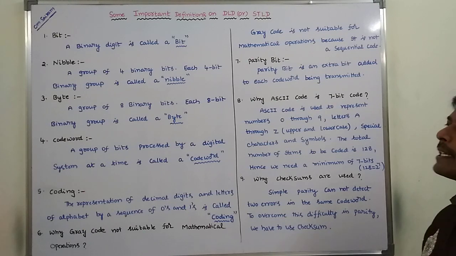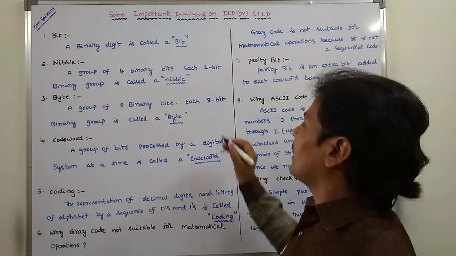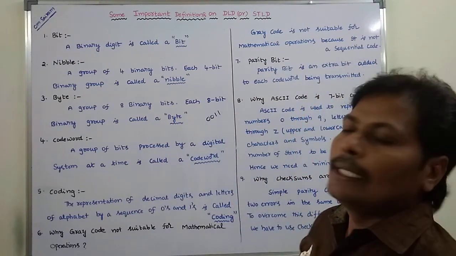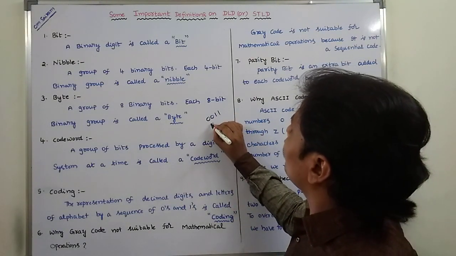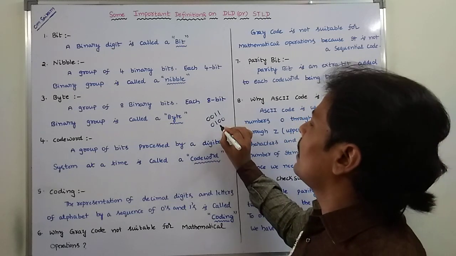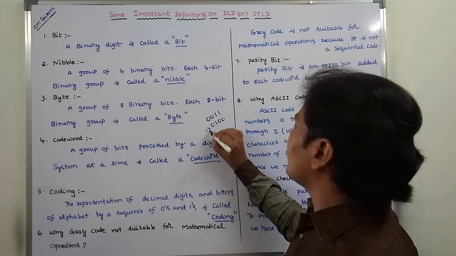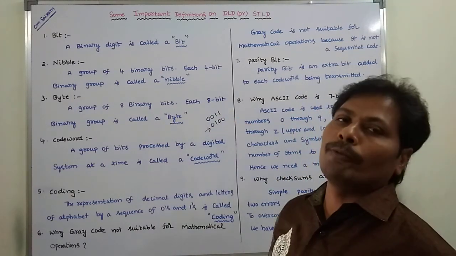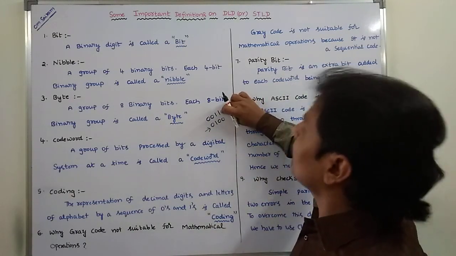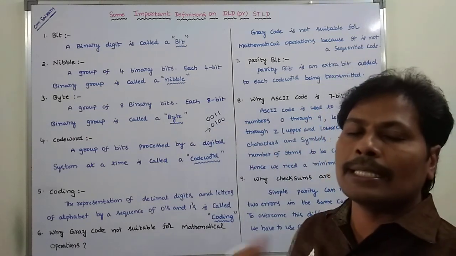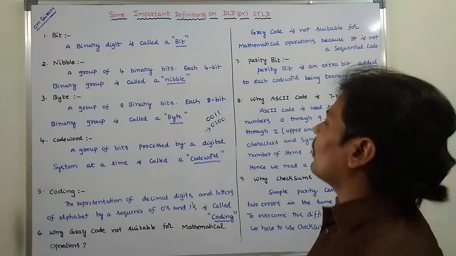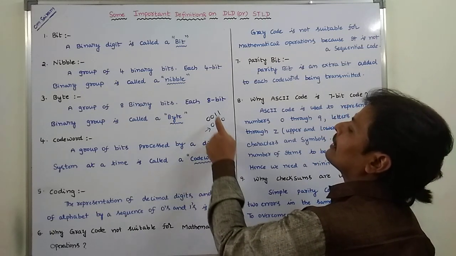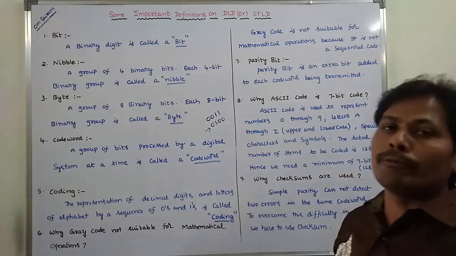So sequential code means, suppose we are taking a code word 0011. Next we are taking another code word 0100. So for 0100, 0011 is the previous code word. For 0011, 0100 is the succeeding code word. This succeeding code word is one binary number greater than the preceding code word.